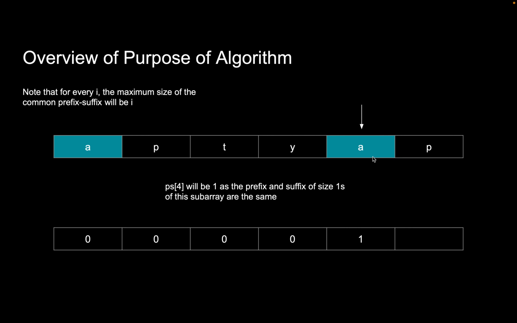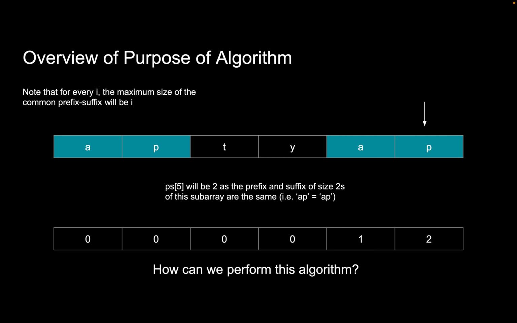But when we do reach the 4th index in the array, we notice that A matches A here, so that's the prefix suffix length, as it's not possible to form any prefix suffix larger than length 1, because AP is not equal to YA and APT is not equal to TYA.